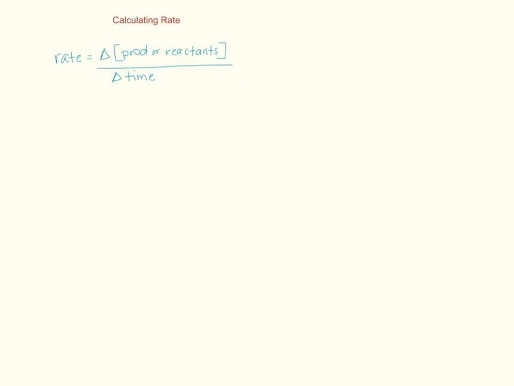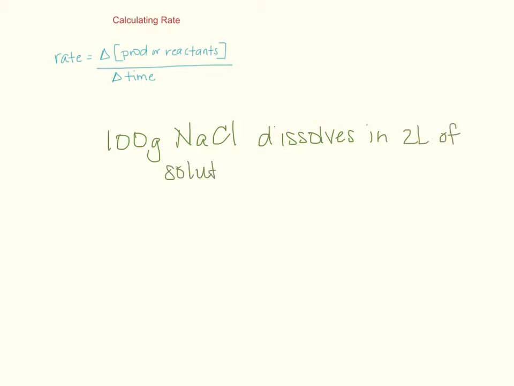So let's say we have 100 grams of NaCl dissolves in 2 liters of solution in 30 seconds.